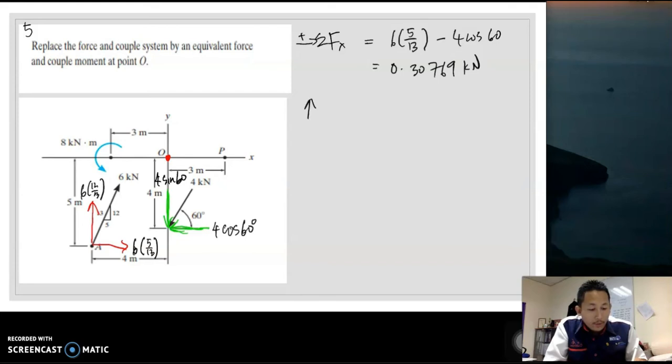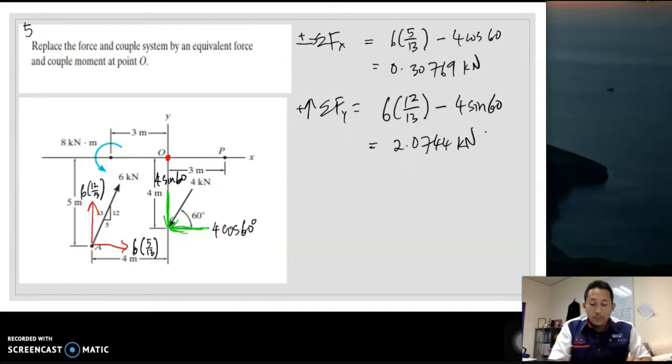Then for Fy, up is positive, we have 6 times 12/13, this is positive, and then negative 4 sine 60. Then we can get 2.0744 kilonewton. So we have x and also we have y.